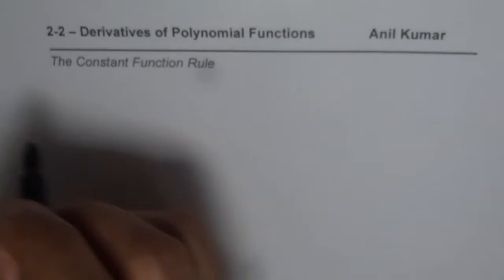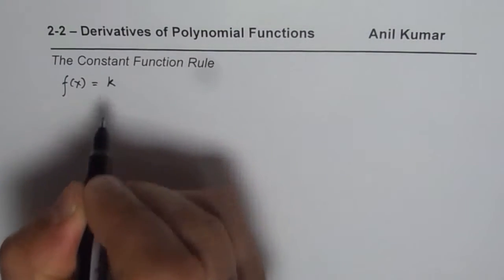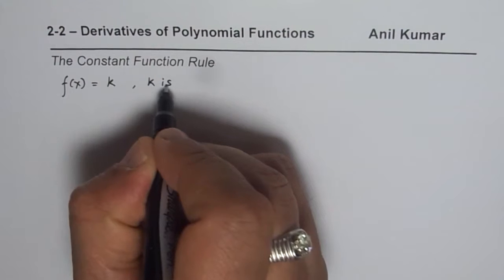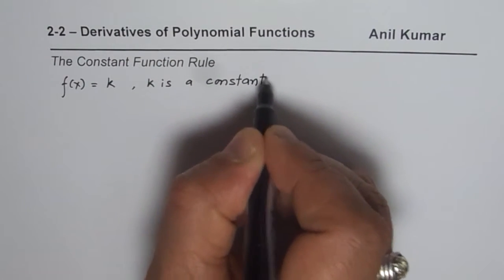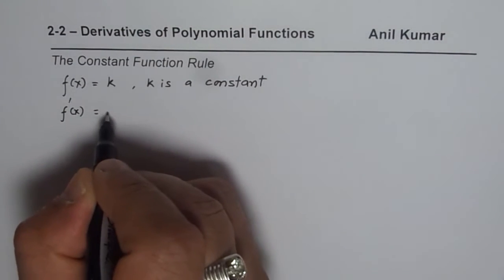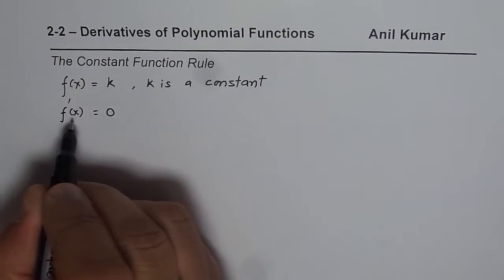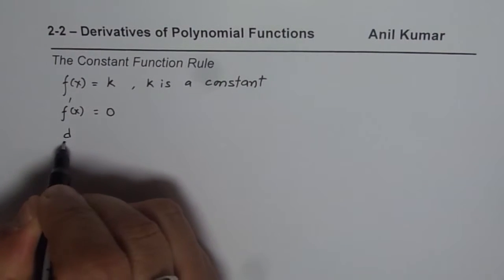As you know, if f of x is a constant function, where k is a constant, then f dash, the derivative at any point for this function, is 0. At times we also write the derivative as d/dx.